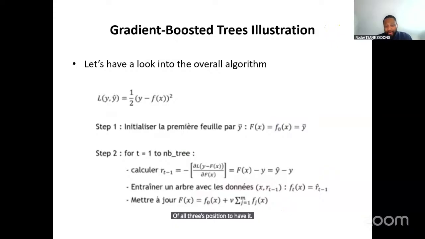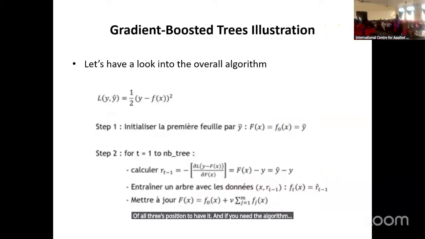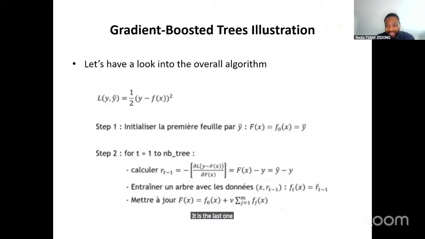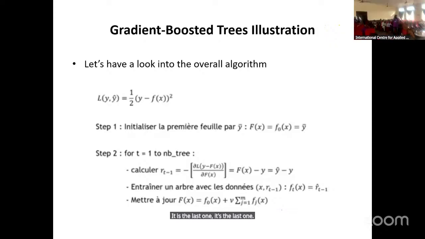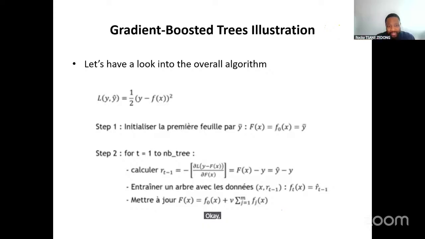And definitely the algorithm we have, it is the last one. Here we have the algorithm where we find the cost. We analyze the tree first, the cost function. We initialize the tree with the mean.